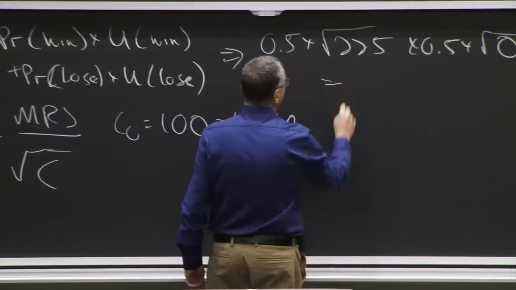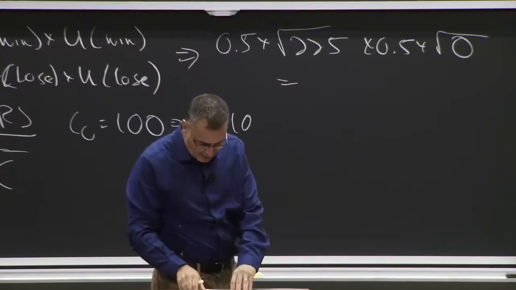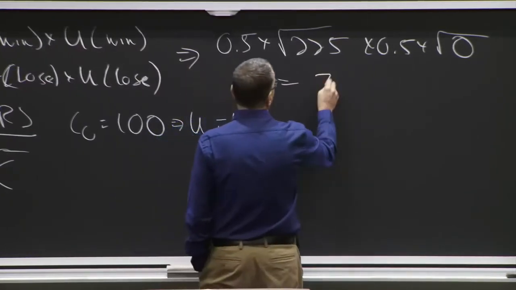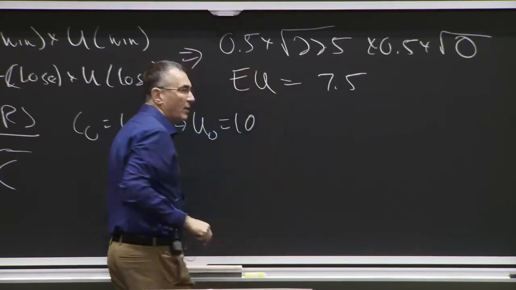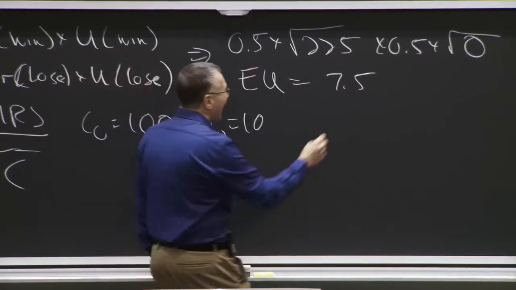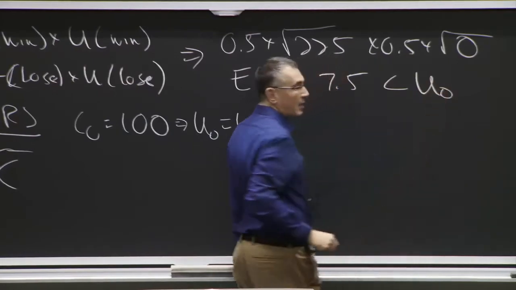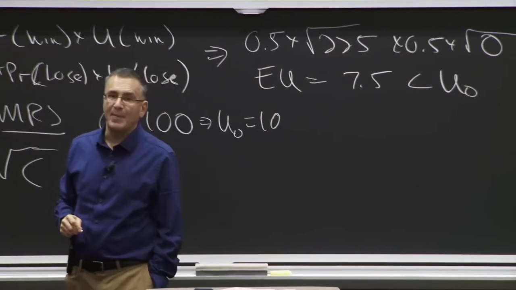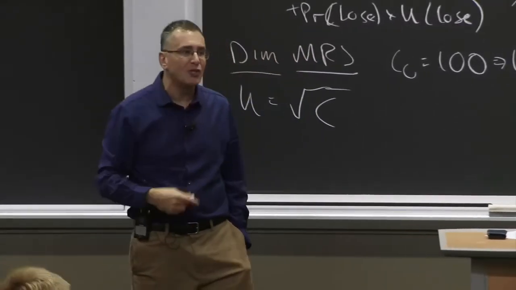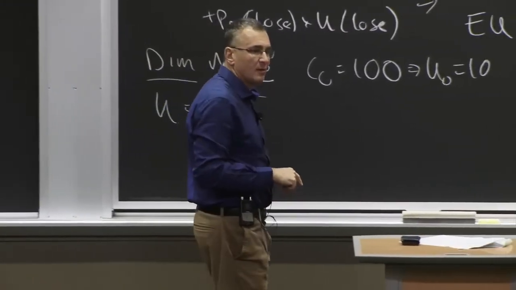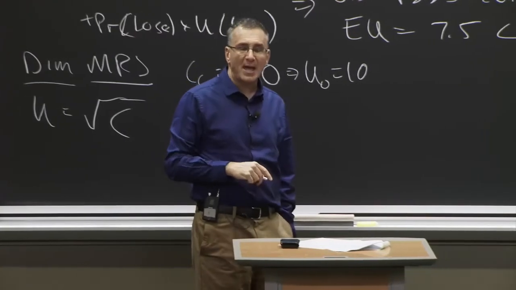Now, if you do that math, you will find that that is 7.5. Your expected utility of this bet is 7.5, which is less than your initial utility. So you should not take the bet, which is, through the mechanism of psychology, why many of you didn't.